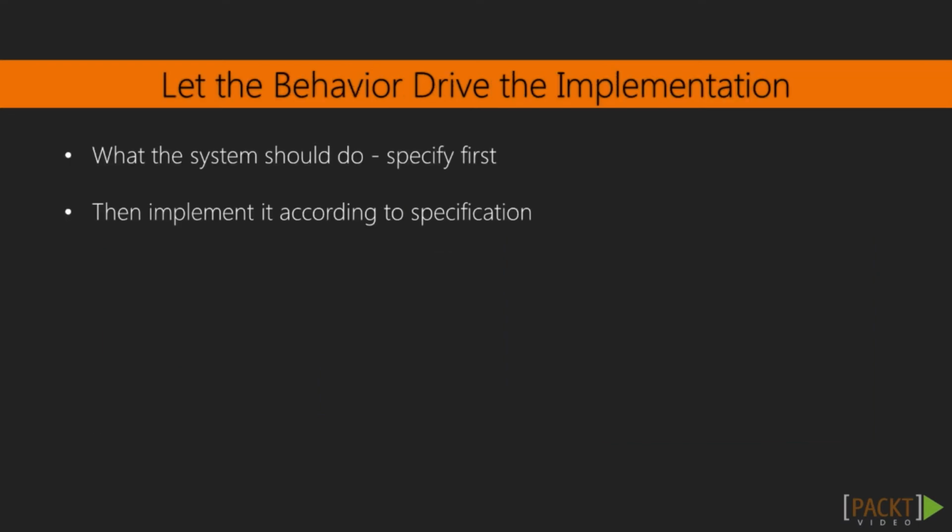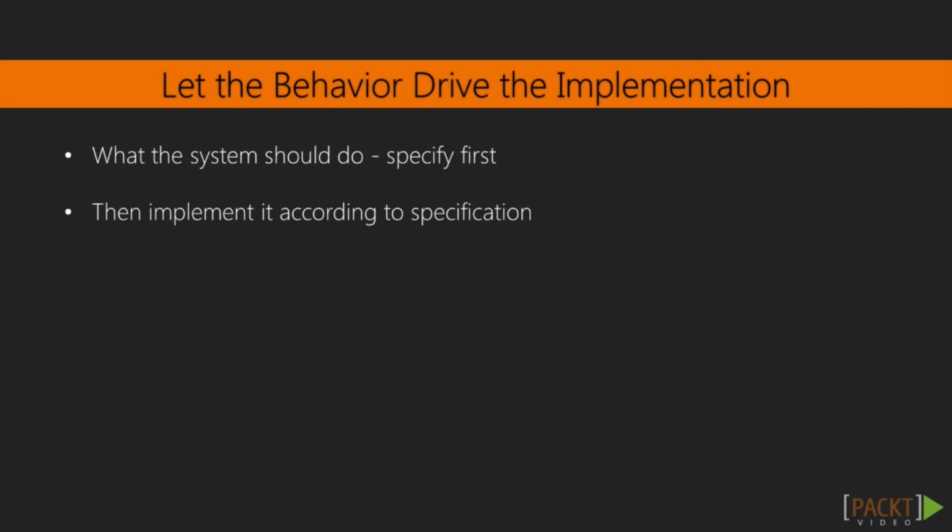One of the early adopters of Cucumber, Andrew Premdas, has said, "Your Cucumber features should drive your implementation, not reflect it." This has also some implications, the most important being that the features, expressed using Gherkin, should be written before the implementation. As feature is a plain text file, it is easy to understand both for developer and the stakeholder.